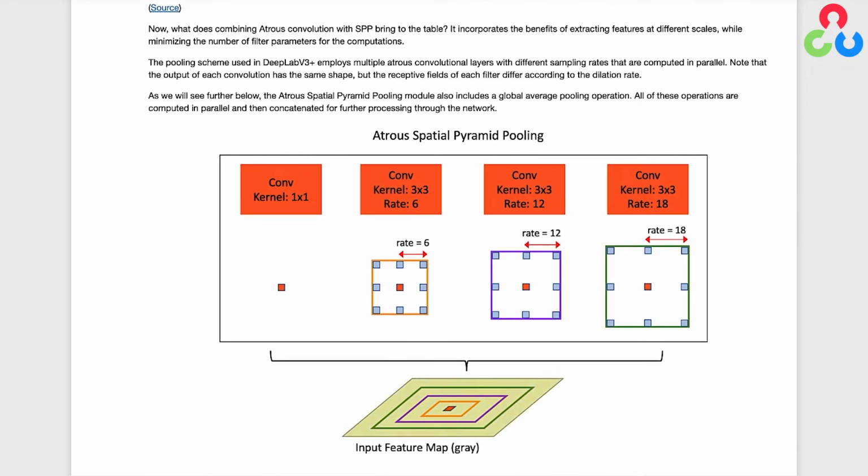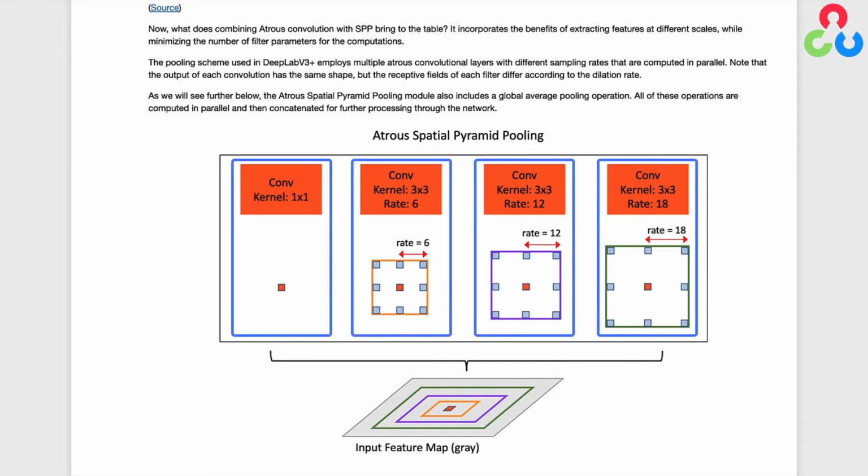At the bottom of the figure, we have some number of lower resolution feature maps that are obtained from a specific layer in the ResNet 50 backbone, which are indicated as the gray region, and although we're not showing the depth, in this example the number of channels is 256. These are then passed through the Atrous spatial pyramid pooling module, where each feature map is processed by 4 parallel filters.